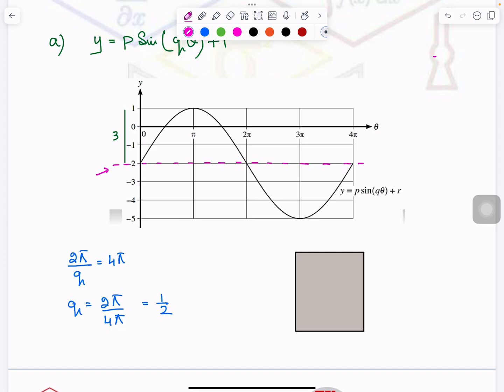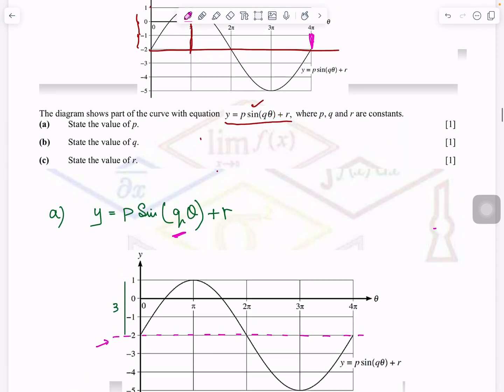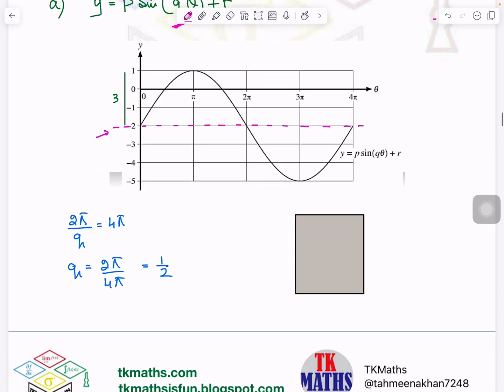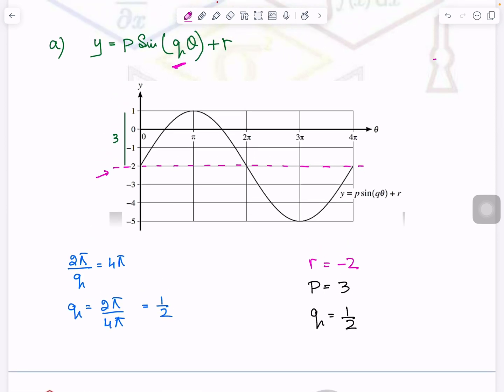How you will calculate q, I have told you. This is how you will calculate it: p sine q theta. And in the end, you will write down the final values in one go, neatly: what is your p, your q and your r. I hope it is clear to you.